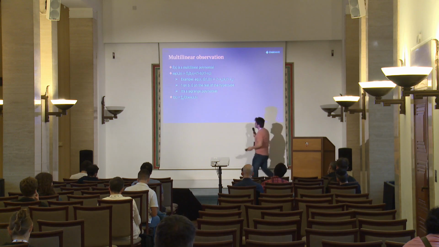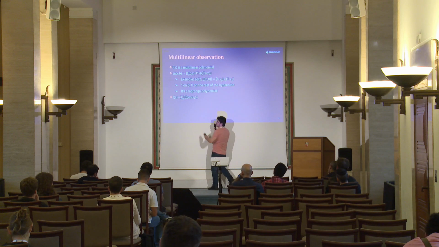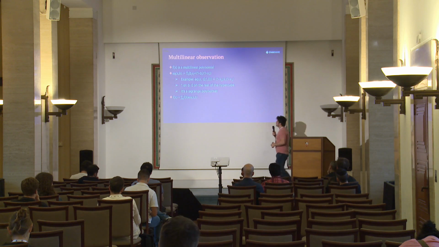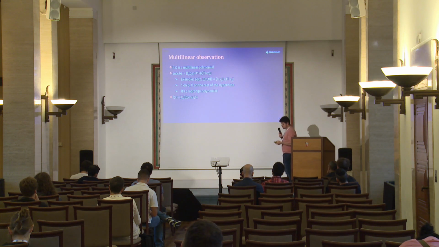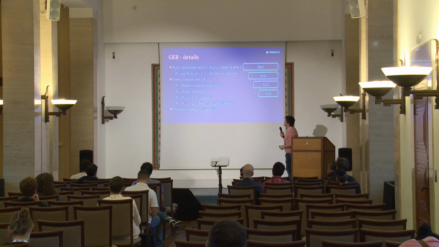This is a polynomial that is 1 on b and 0 everywhere else. So for multilinear polynomials, the Lagrange polynomial is very nice. It's very succinct. And we can use this to do nice things like GKR. All right.